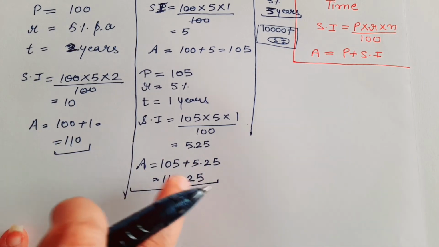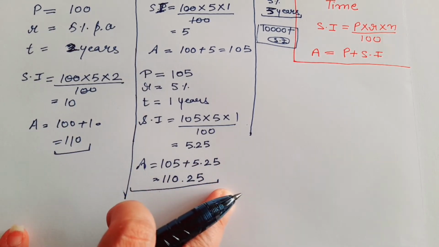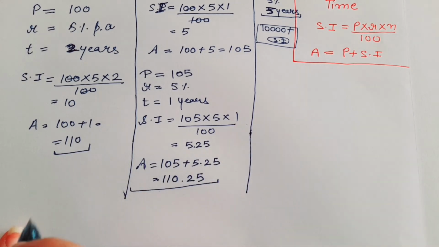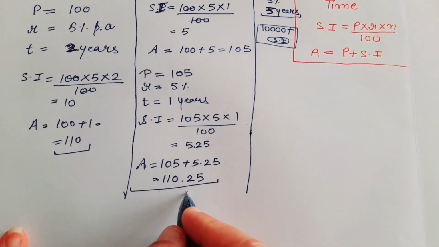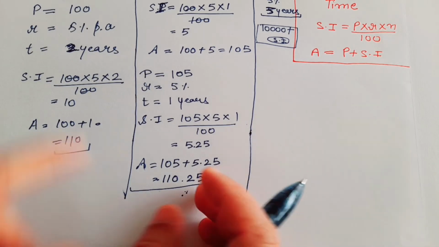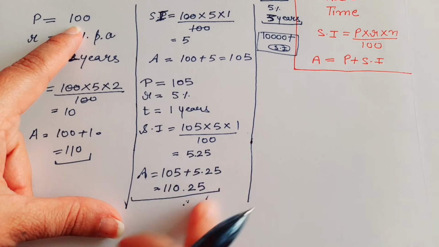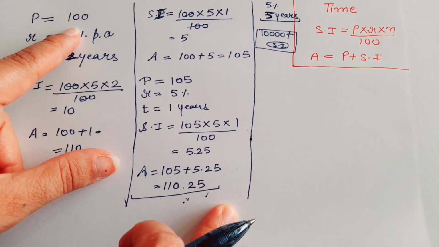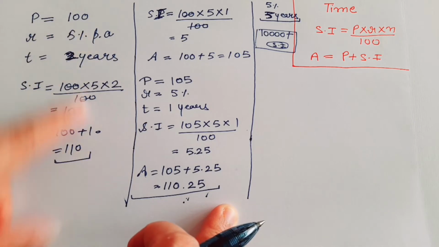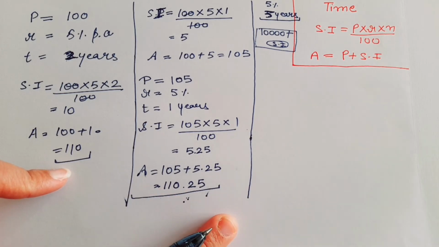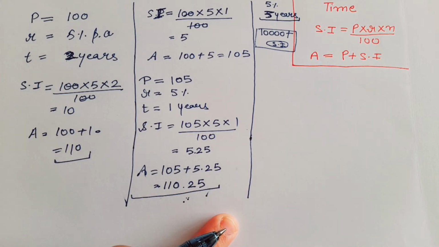So you are giving 110.25 after 2 years, because you calculated on compound interest. So the amount is more. If you are a borrower, then you are at a loss. We were borrowing only 100, therefore the difference is very small. But if it were 1 lakh rupees or 1 crore rupees, the difference between compound interest and simple interest is huge. So if we want to borrow, we should borrow on simple interest.